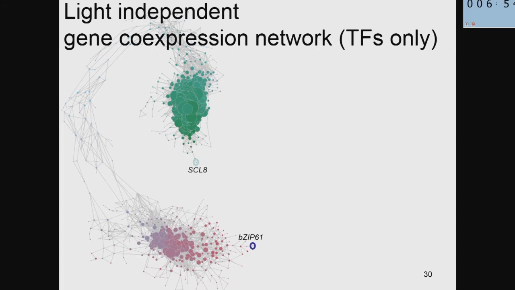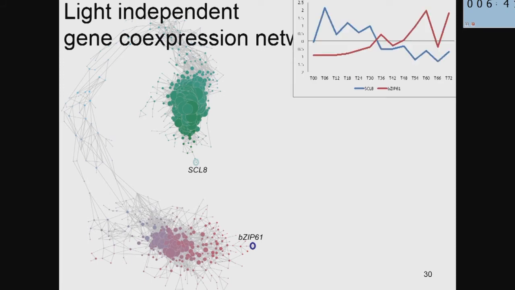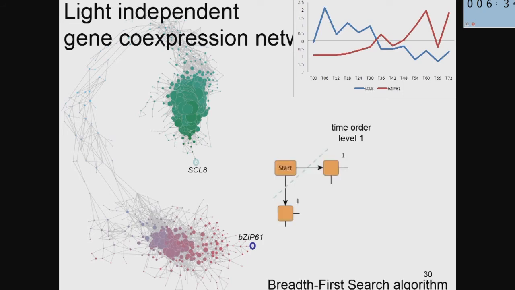Let me explain to you. We take 2 genes that are most distant, whose expression is most different. For example, these are the 2 genes whose expression is most different. Because it's a time course transcriptome, we know which genes are upregulated earlier.